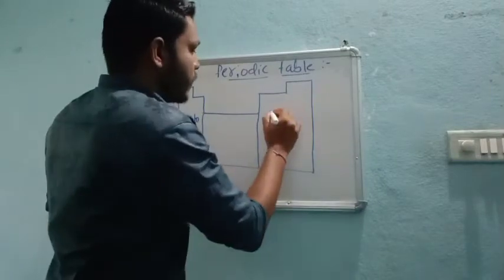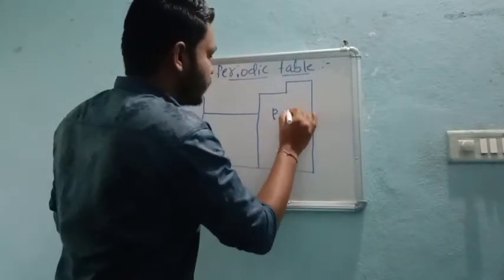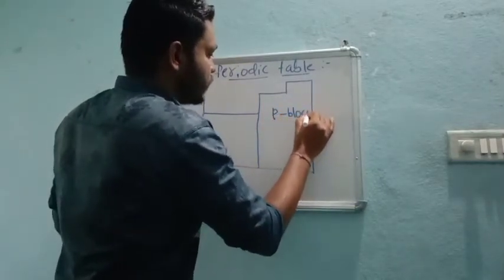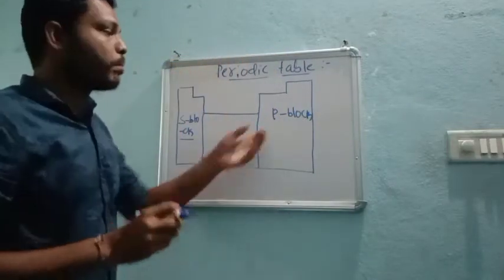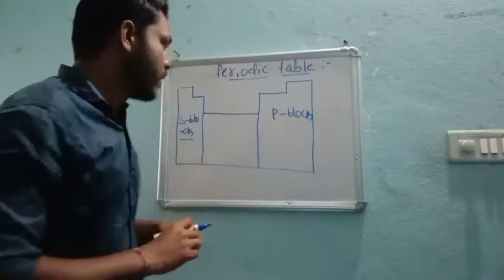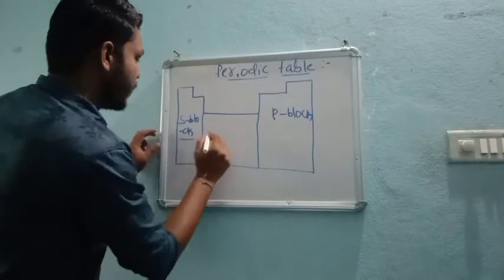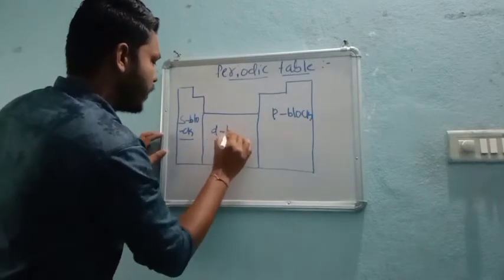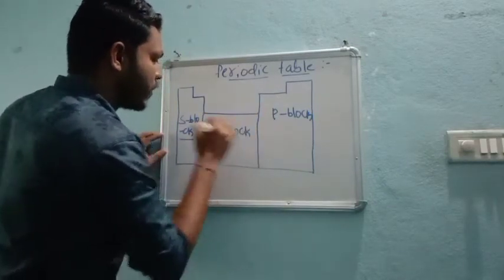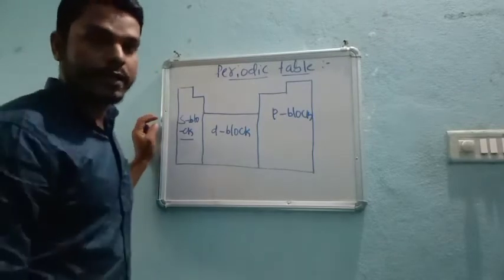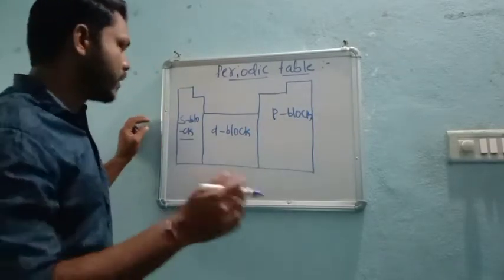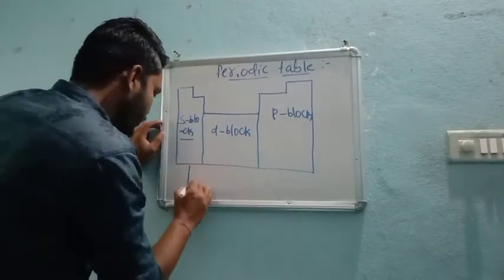And here on the right-hand side, this consists of P block elements. And in between S and P, there are D block elements, and those are called transition elements. In the second year, we come to know more.